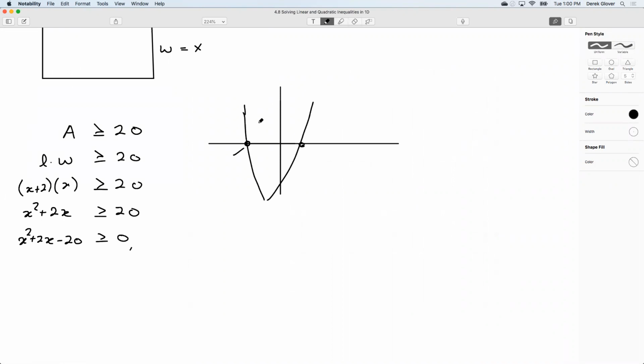This is the point x equals negative 5.6, and this is the point x equals 3.6. Now the question is, are we interested in the points between these values or the points outside of these values? Well, the question's saying we want the points greater than 0, so we only want the y values that are up here. So we're actually only interested in x values that are either lower than this or greater than this. Okay.